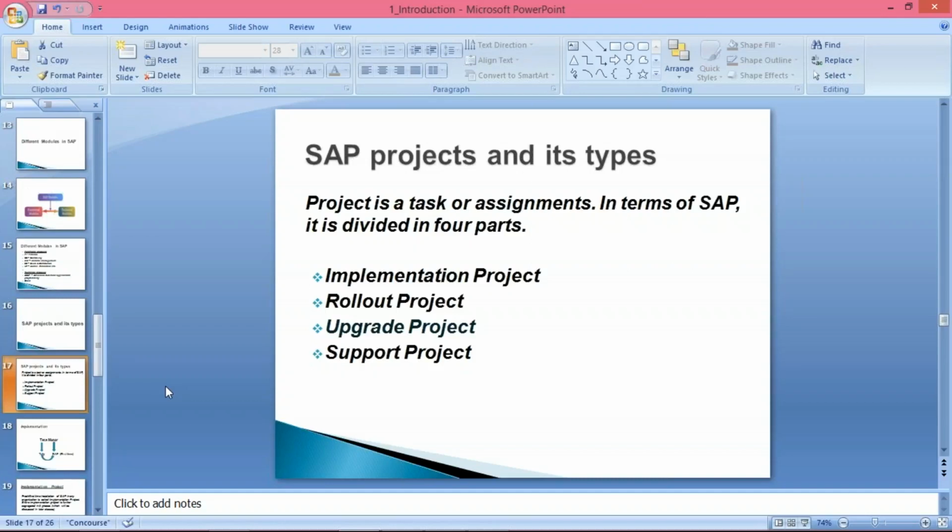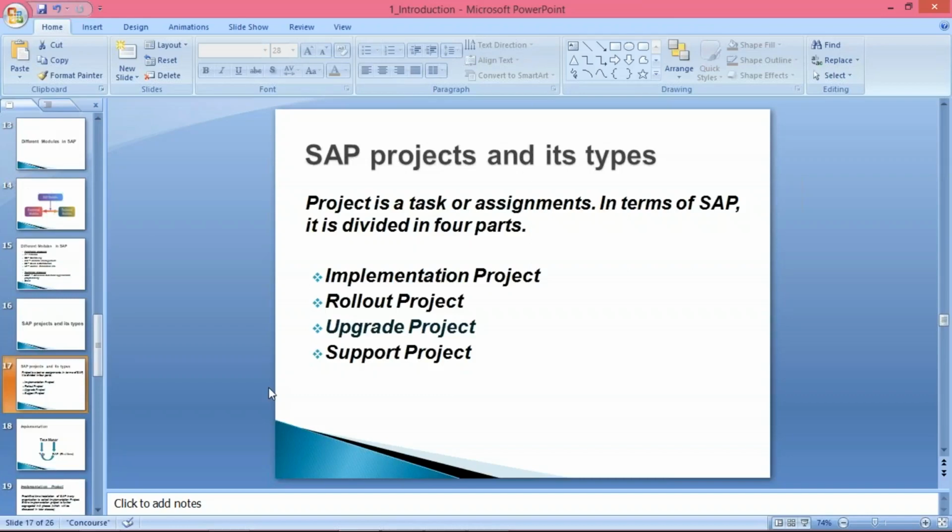Now, what is this project? A project is a task or assignment. Whenever you join, HR will come and greet you, saying hi XYZ, welcome on board, and today is our induction classes and all. After those induction sessions, they will let you know, hi, you are part of so and so project.